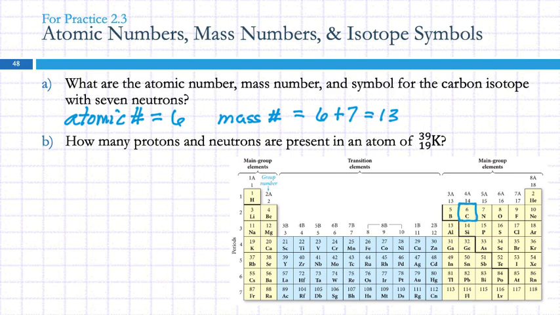So 13. And the symbol. So we could write the nuclear symbol where the mass number is a superscript on the left and the atomic number is a subscript on the left. Or we could call this C13, or we could call this carbon 13.